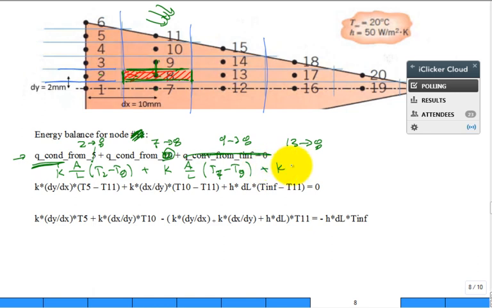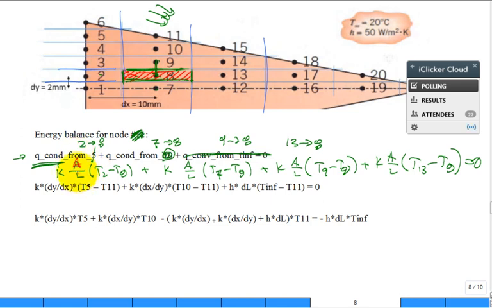Plus thermal conductivity, area over length, temperature 9 minus temperature 8, plus thermal conductivity, area over length, temperature 13 minus temperature 8. If that equation is balanced, with the final calculated temperatures, it sums to 0. All the inflow is equal to the outflow. It's steady state conduction.